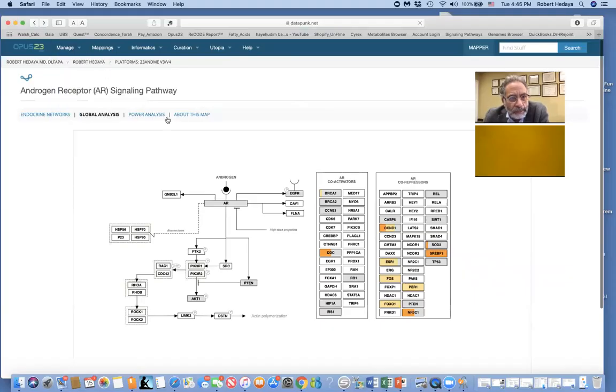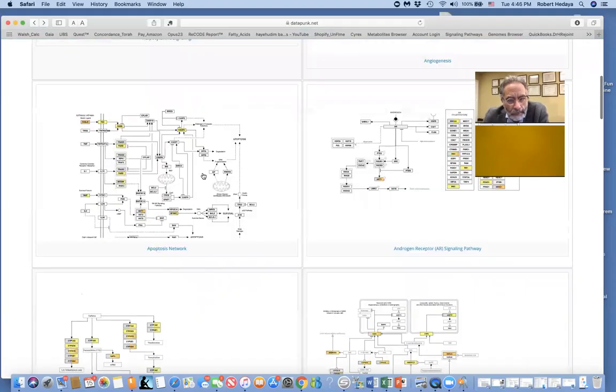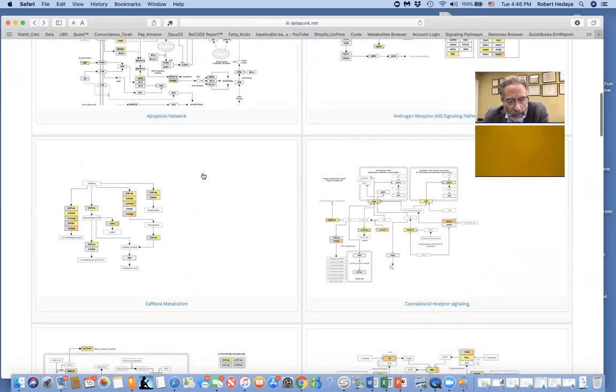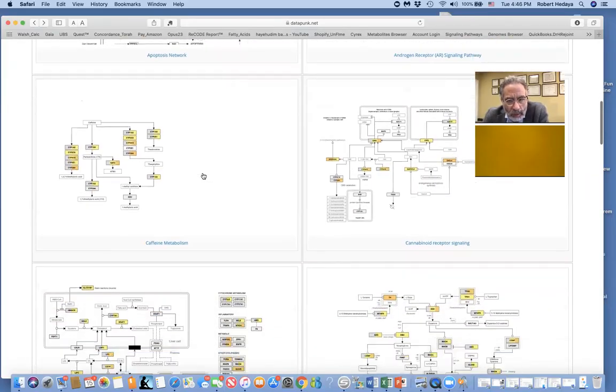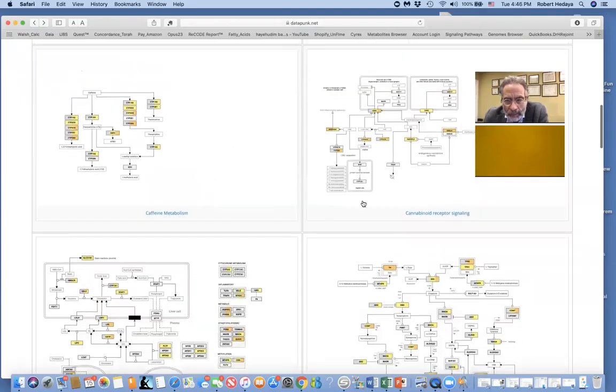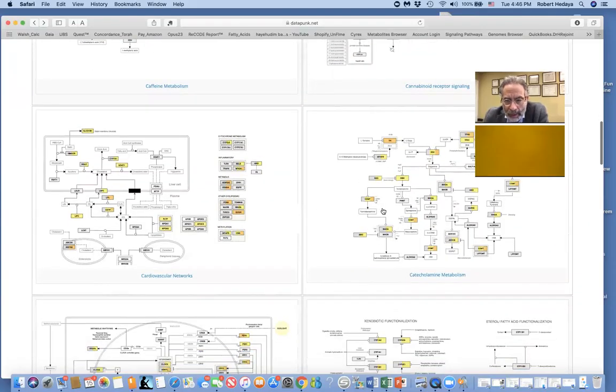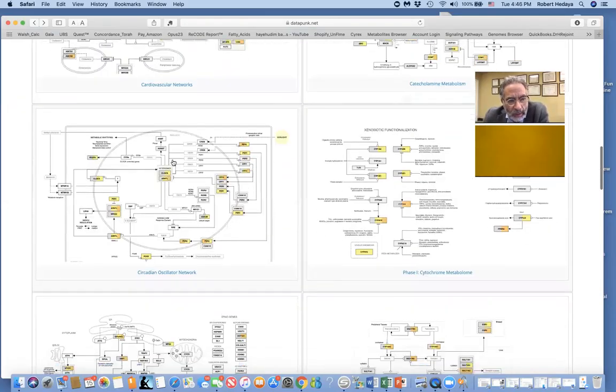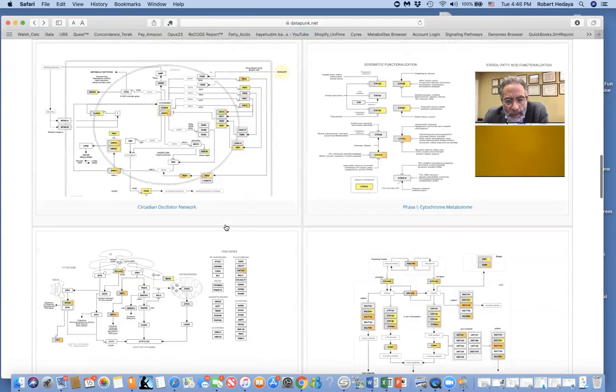So would this help inform your treatment? Absolutely. This would help inform my treatment. We can look at all of these different maps: cannabinoid receptor signaling, catecholamine metabolism, which is dopamine and norepinephrine, estrogen signaling, cardiovascular signaling, circadian rhythms, et cetera, et cetera.